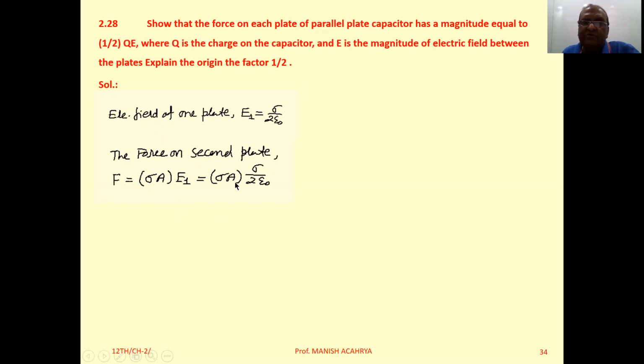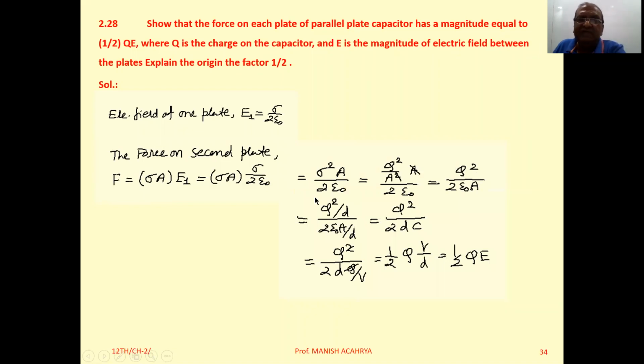Now E1 is sigma upon 2 epsilon 0. So resultantly we can write sigma square A upon 2 epsilon 0.